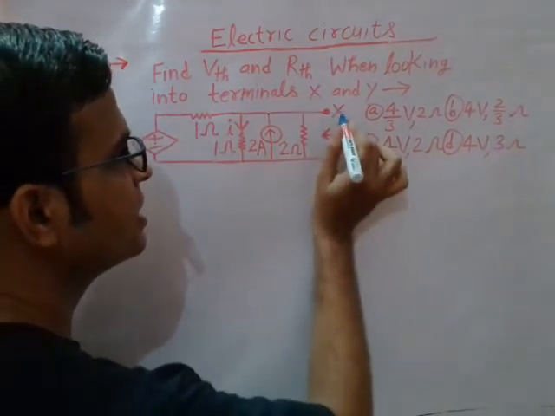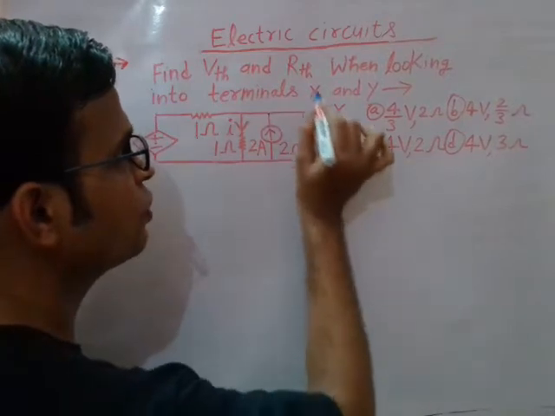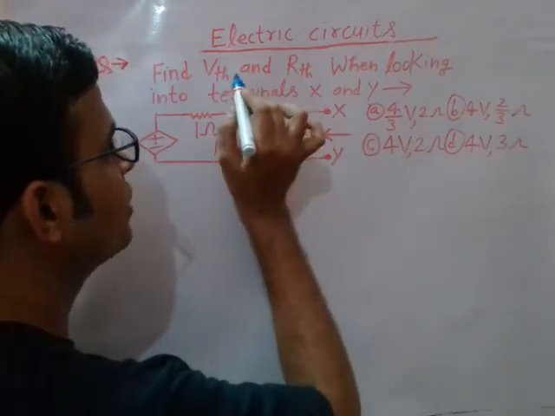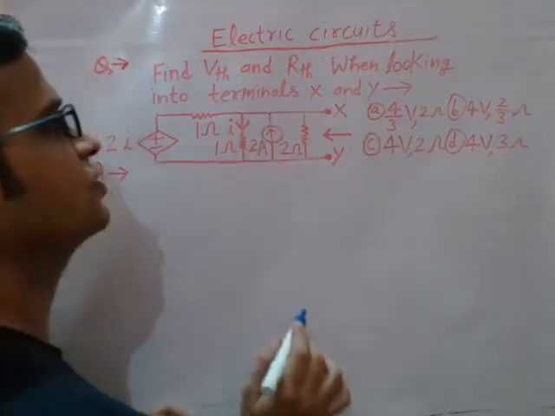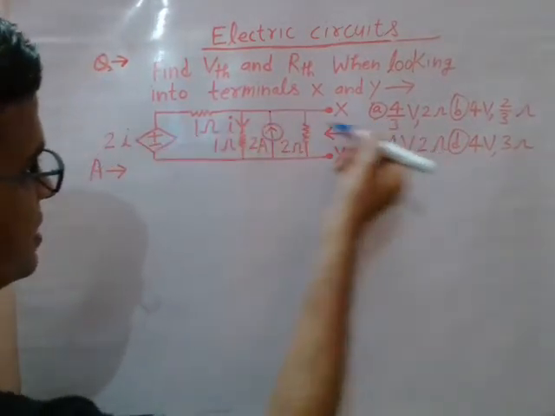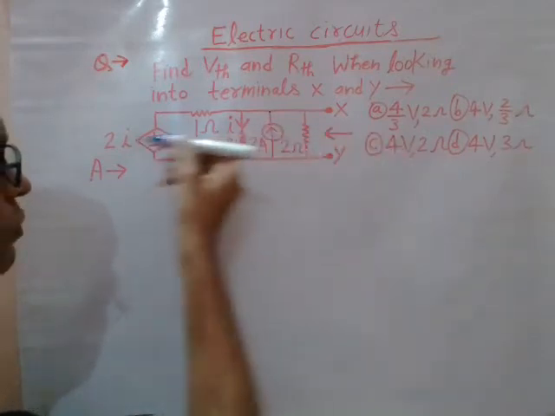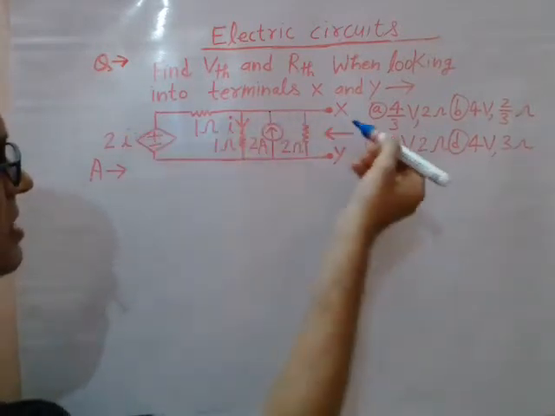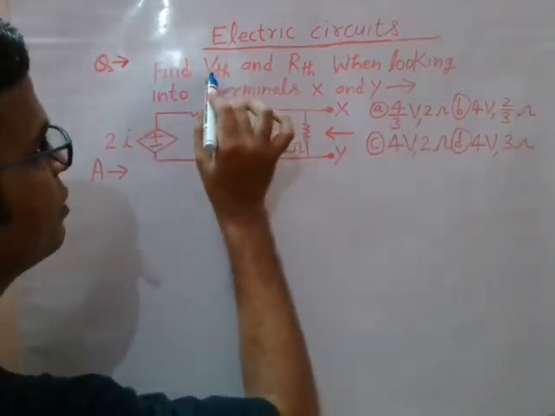Terminals X and Y are the desired terminals where you have to find VTH and RTH, right? So you have to look into the network like this, in this fashion, and then find VTH and RTH.